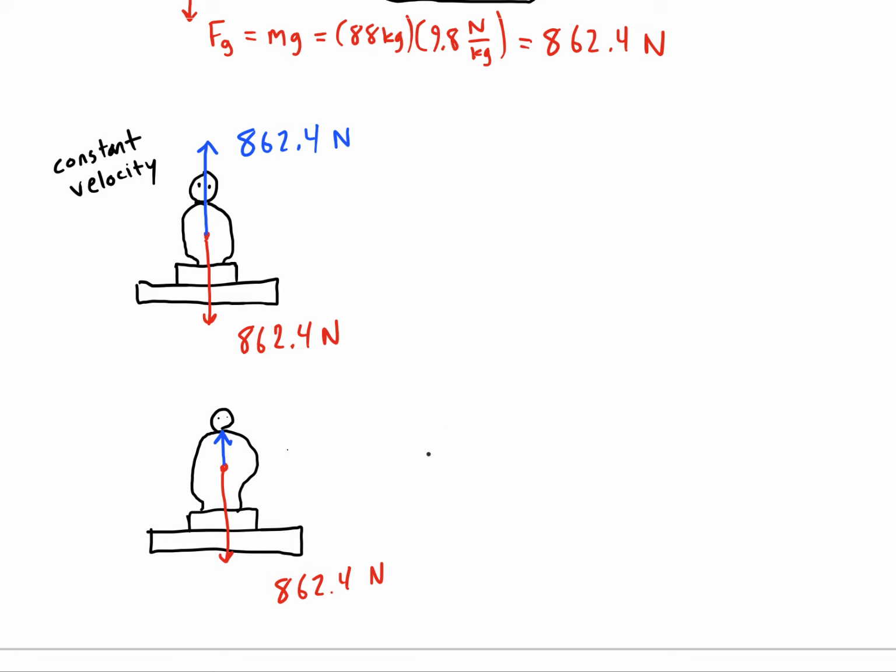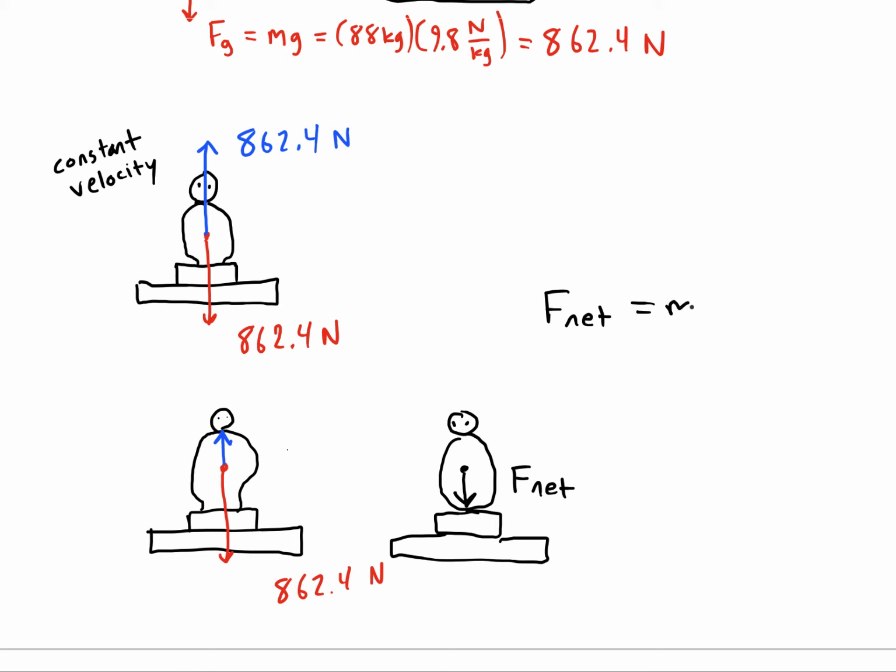So now if we draw the net force on the person, now there's a downward net force instead of upward. And that is the net. So when you do your equation, you just say F net equals ma.